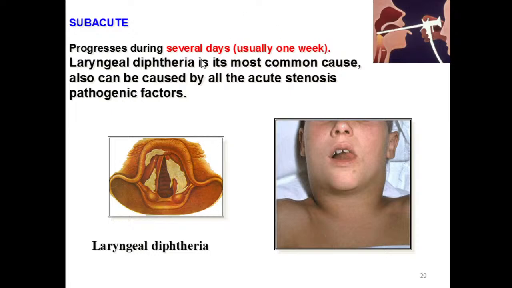And the reasons for this type of stenosis are the same as for acute stenosis, plus laryngeal diphtheria, because membranes that may obturate the trachea and larynx are usually formed till the end of the first week of the disease.